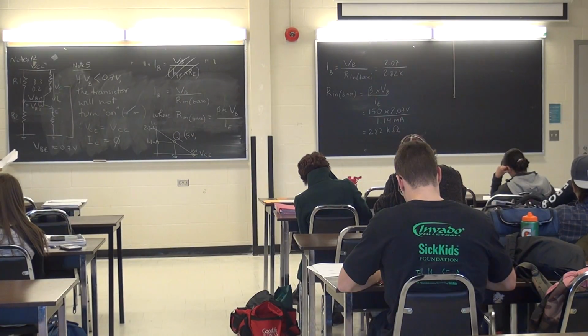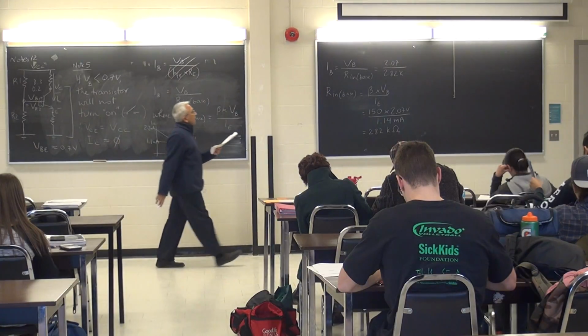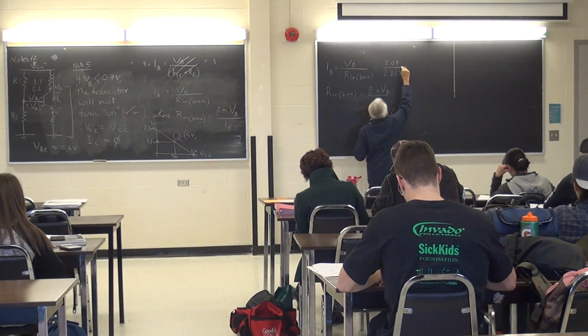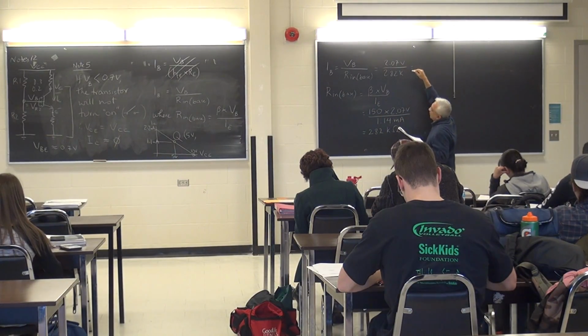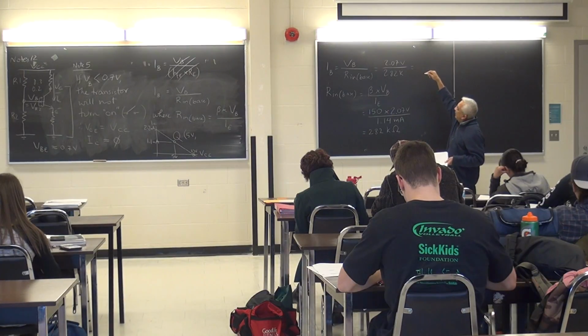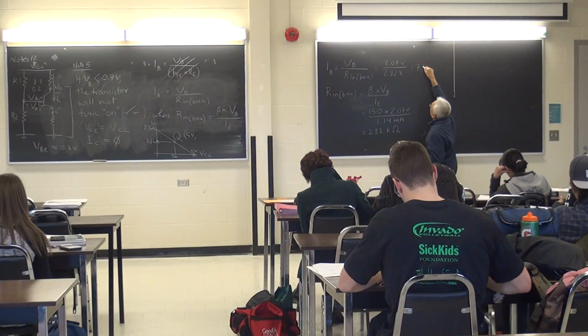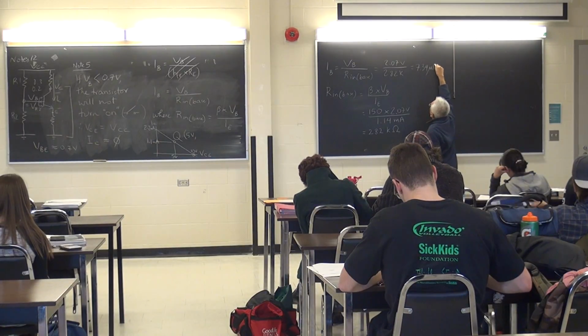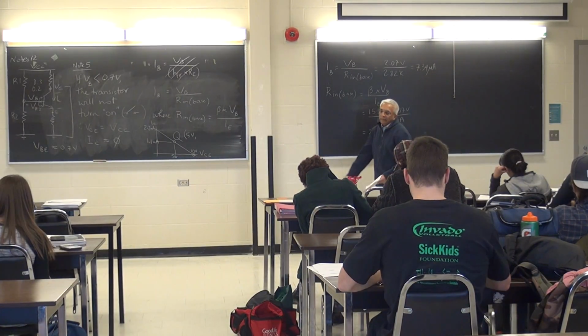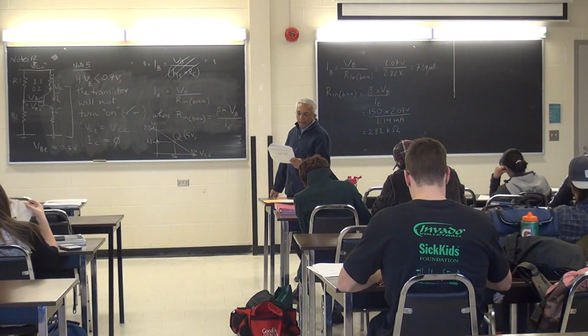Okay? R in base. How much? Should be in microamps, isn't it? 7.34 microamps. Okay. So that's our IB.